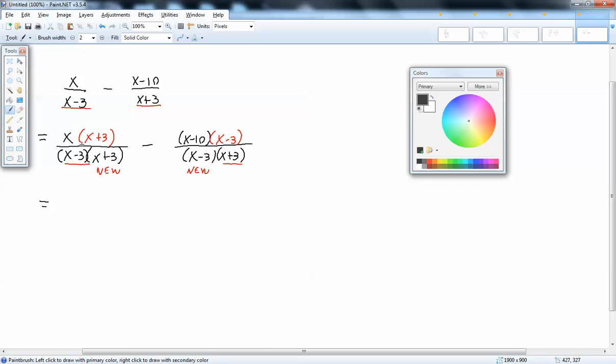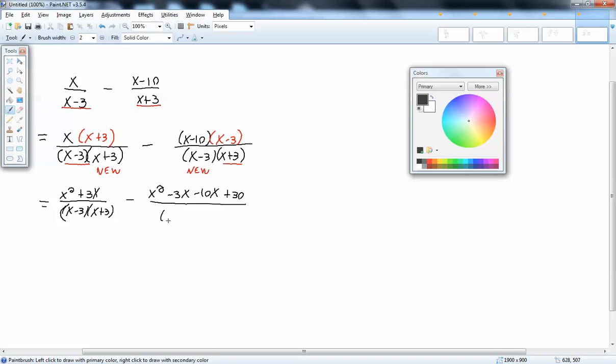Okay, so multiply these together. x times x is x squared. x times 3 is 3x. Our denominator stays as is. Minus, and multiply these together. x times x is x squared. x times negative 3 is negative 3x. Negative 10 times x is negative 10x. Negative 10 times negative 3 is 30.